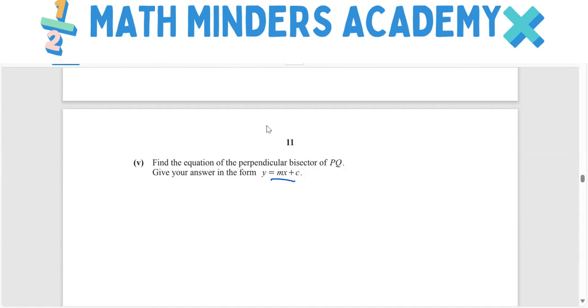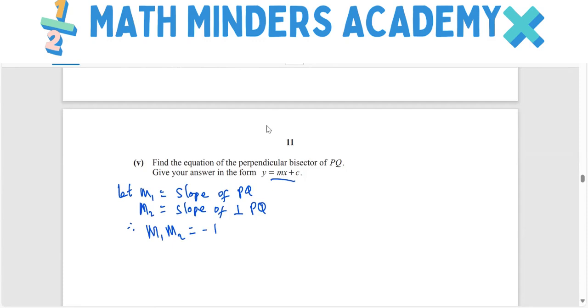If we say let M1 equal the slope of PQ and M2 the slope of a line perpendicular to PQ, then the product of these slopes will give us minus 1. That's the condition.